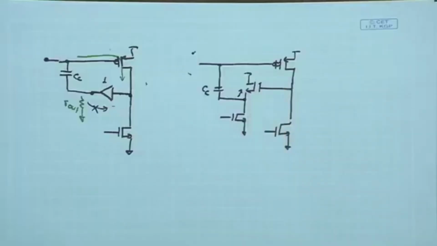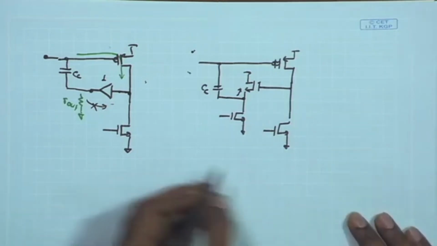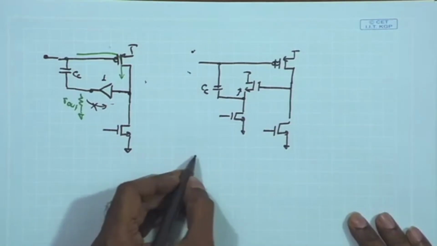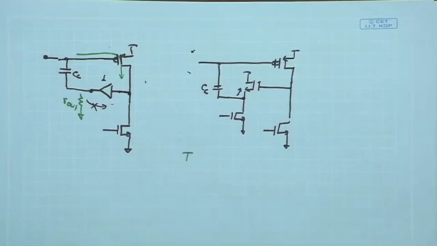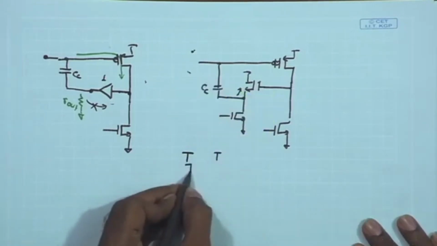The alternate method can be that you add a voltage follower over here, which can be constructed with the help of a negative feedback amplifier, a relatively low gain negative feedback amplifier, without having too much constraint of gain or linearity. So, we can construct a voltage follower using a simple single stage amplifier.